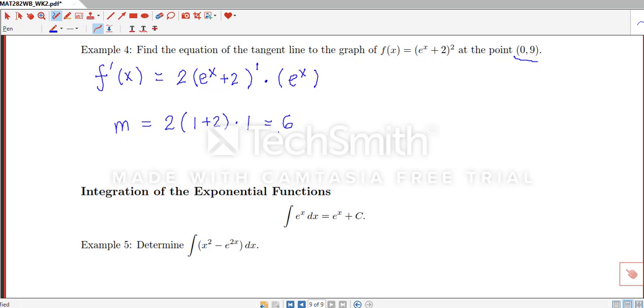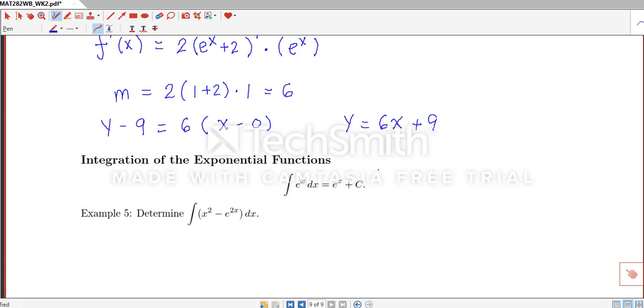The slope equals 6. Plug it into the point-slope form: y minus y1 equals m times x minus x1. So the tangent line is y equals 6x plus 9.